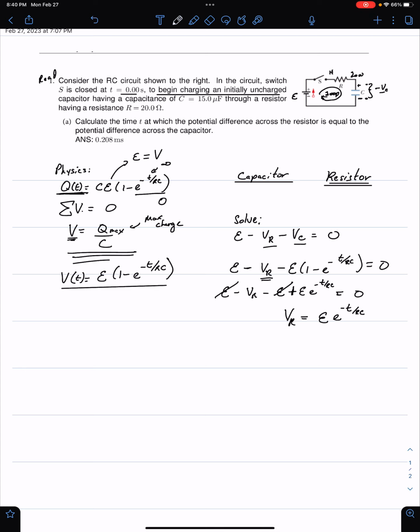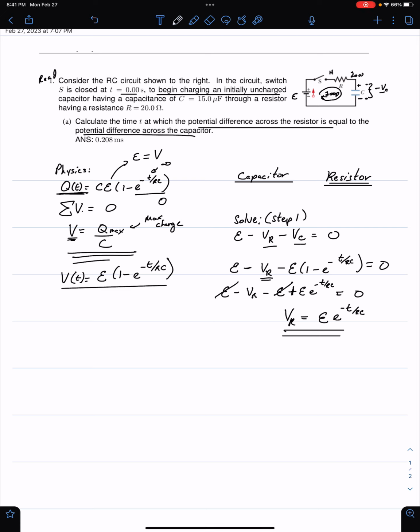Okay? But it's also, now that we know what the voltage across the resistor is, based on the fact that we know the capacitor is affecting the current going through that resistor, we also are given that the potential difference across the resistor is equal to the potential difference across the capacitor. So I'm going to name this step 1.